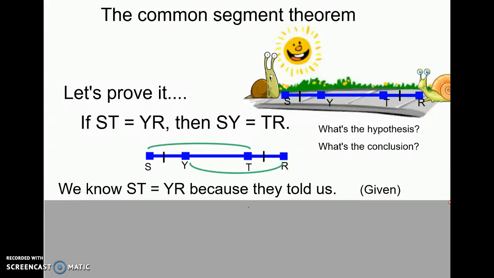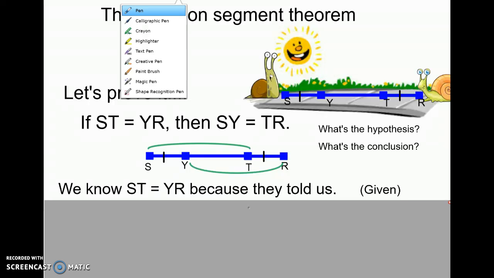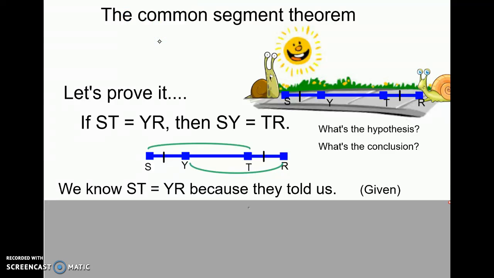We know that ST is congruent to YR because it says so. They said in the beginning that ST equals YR. So we know that's true because they told us that it was true. And this "they" is just they, the world.